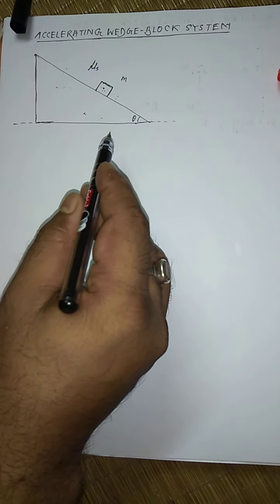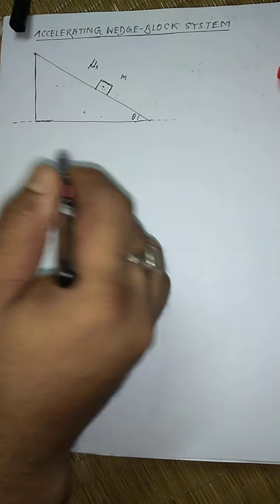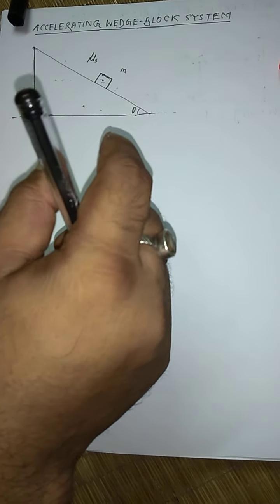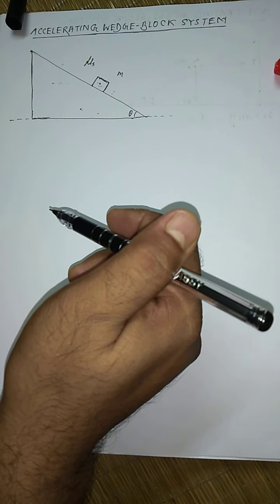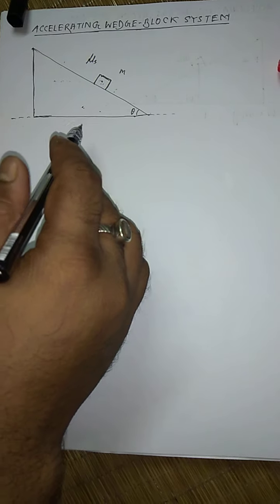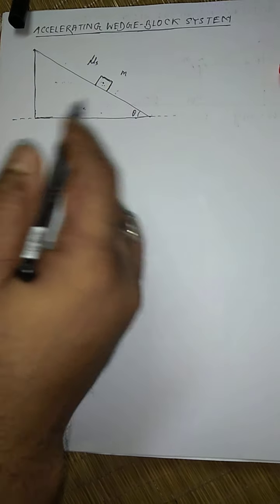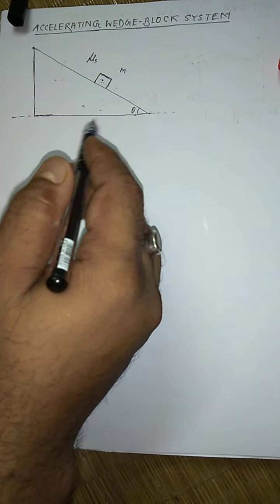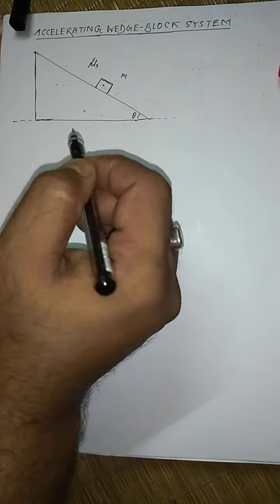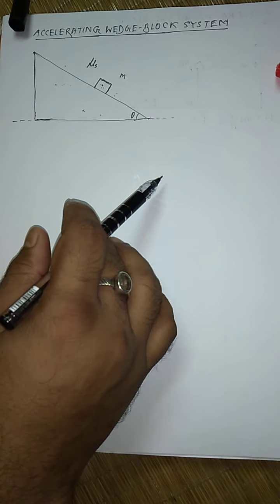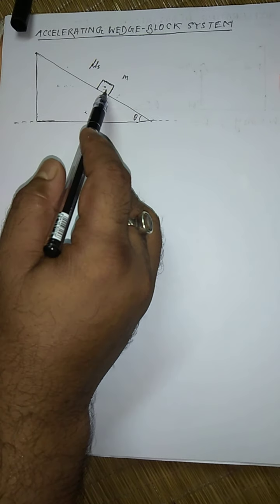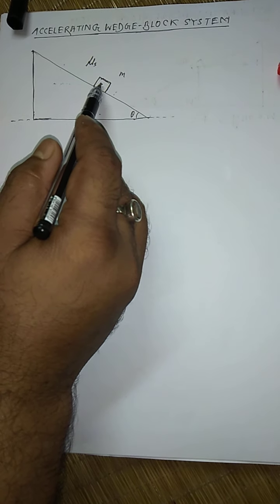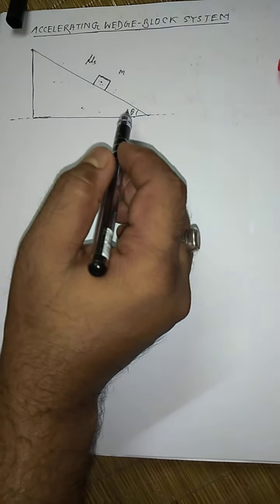The derivation can again be obtained by clicking the link given in the comment box. Now we are going to find the maximum horizontal acceleration of the wedge, for which the block can just be prevented from sliding up the inclined surface.